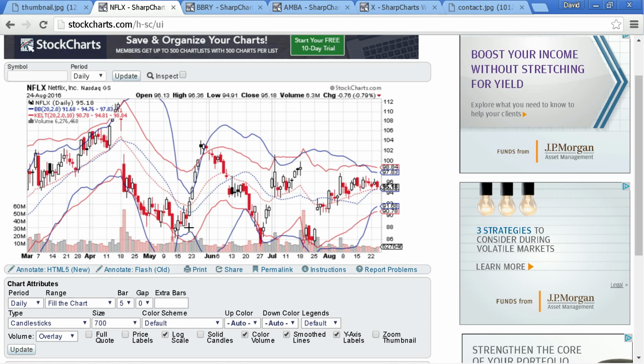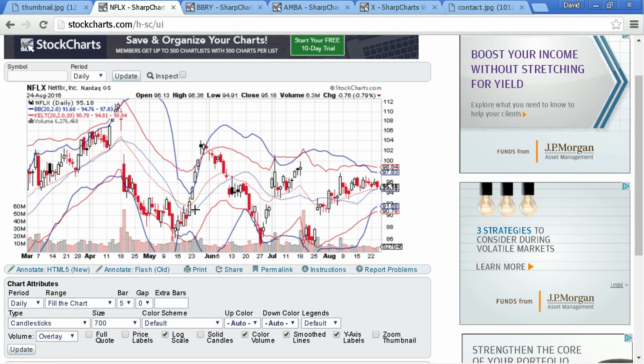You can call that a contraction, and you can say, wow, right now the Bollinger Bands are really tight. And so there's complacency in the market, and especially in that stock price, and you can expect a breakout to happen at some point, maybe even soon.